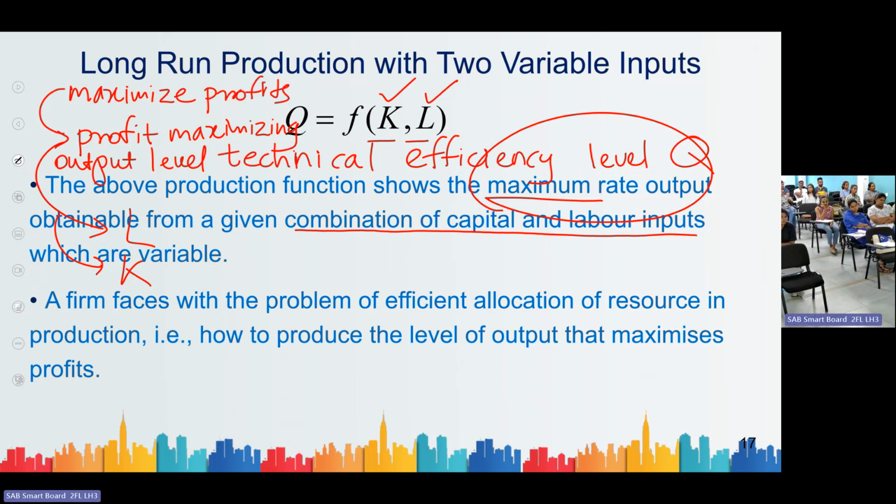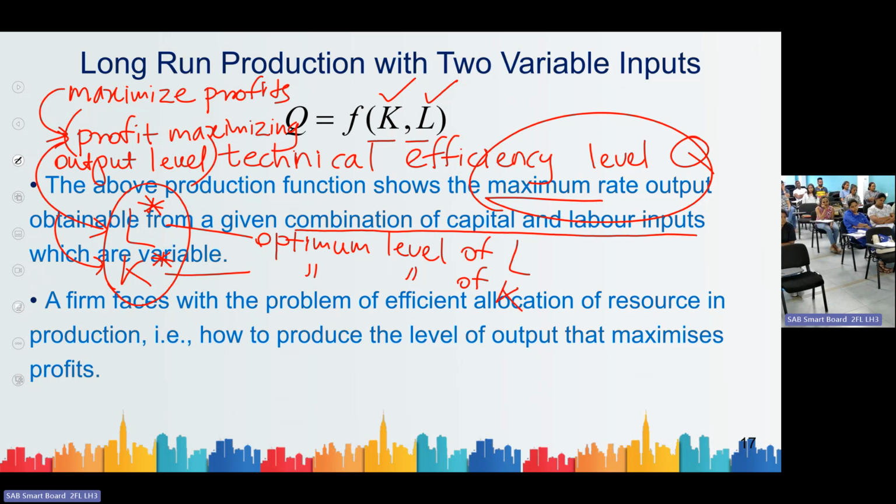The firm should decide the profit maximizing output level. To decide that, the firm should decide how much to utilize from labor and how much from capital. The firm should decide the optimum level of labor, L star, and also the optimum level of capital, K star.